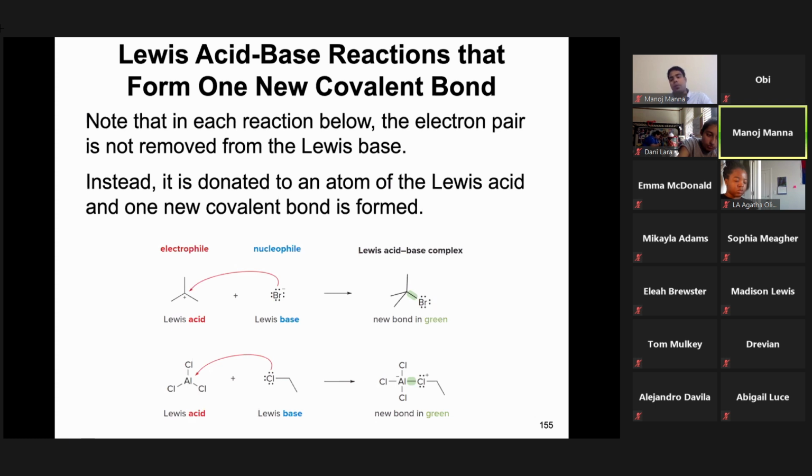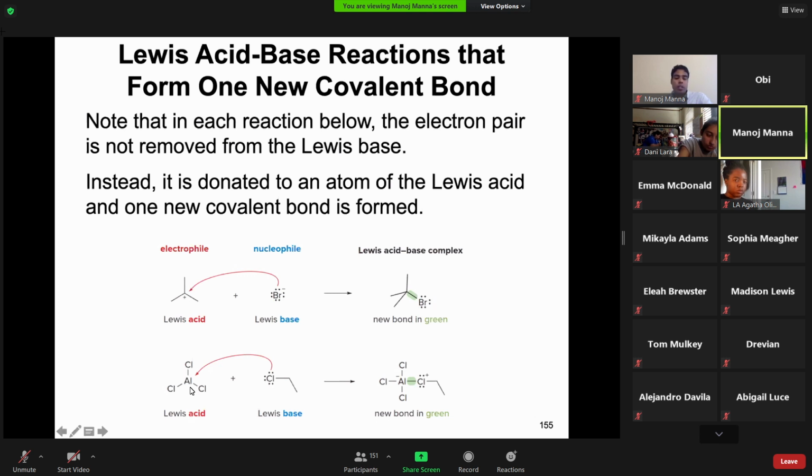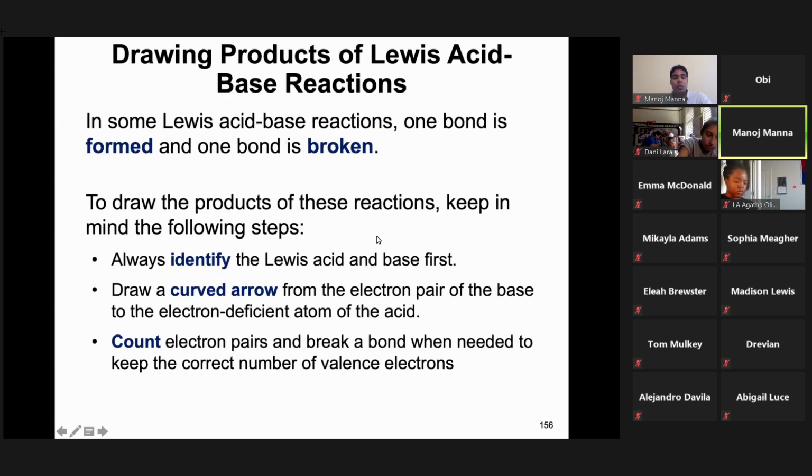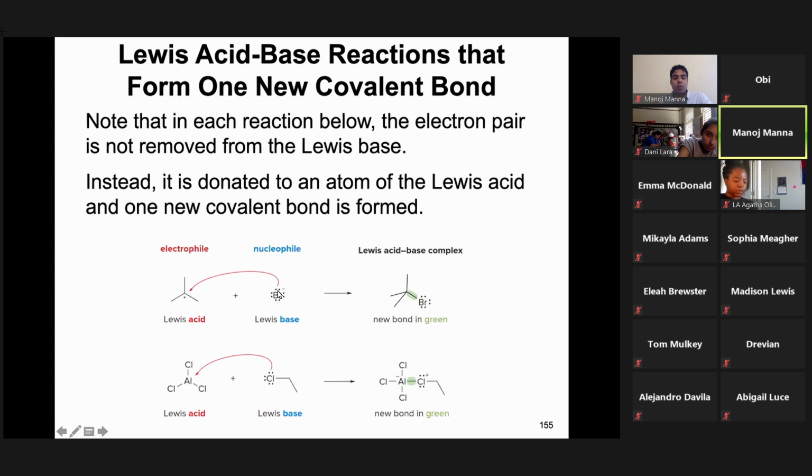Okay, so we have to understand those concepts, like a positive charge or a vacant d orbital, or an excess negative charge, or a lone pair that can donate and make these kinds of acid-base reactions, right? Also we use curved arrows to represent the acid-base reaction mechanism. We draw the curved arrow from the nucleophile towards the electrophile, because this side is electron rich.